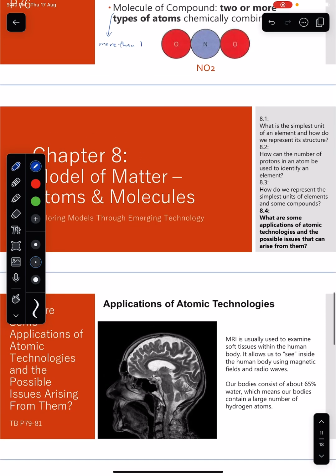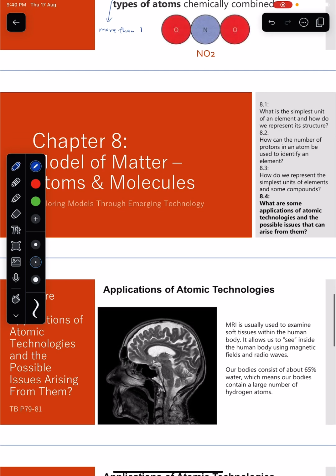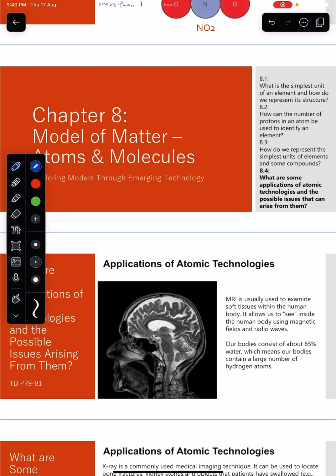The last segment is merely some applications of atomic technologies and some issues to it. I'm not too sure if you know what an MRI is. Let's say you have a bone-related injury, maybe a fracture, you will usually do an X-ray. X-rays are used to detect if there's any issue when it comes to bone.